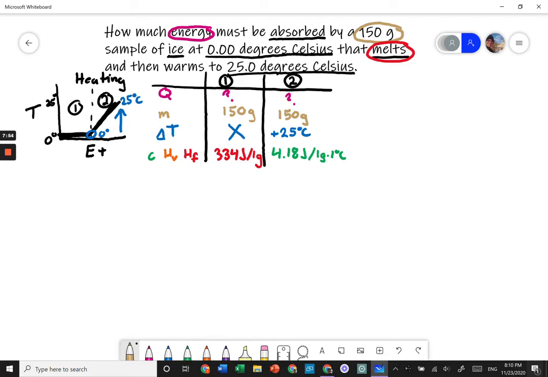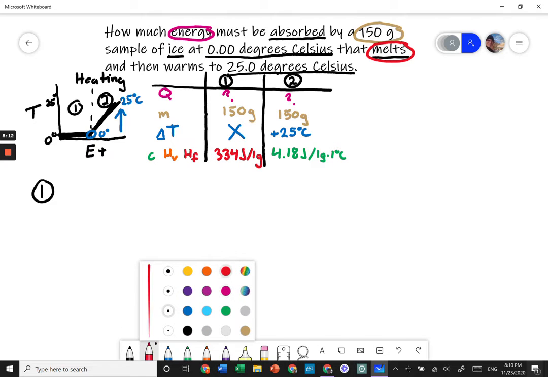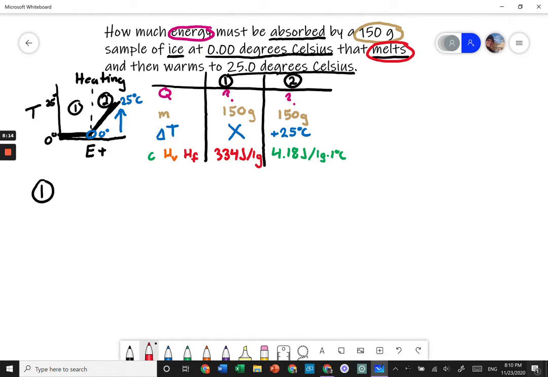So we're going to set up our first ladder for region 1 right over here. But before we do that, we might need to rewrite our heat capacity, heat of vaporization, or heat of fusion in a way that helps us to solve for our answer, which is going to be energy for this problem. So I'm going to write my heat capacity, heat of vaporization, or heat of fusion both ways, because these can be fractions.